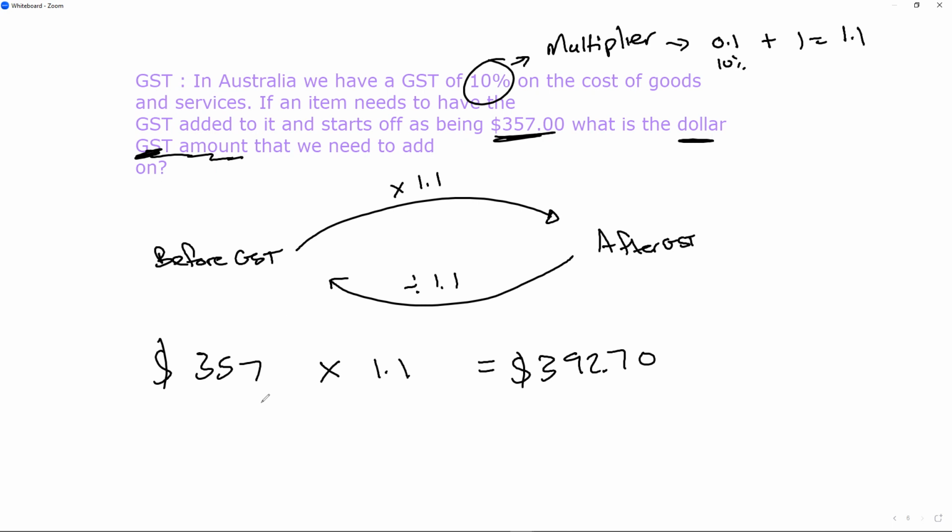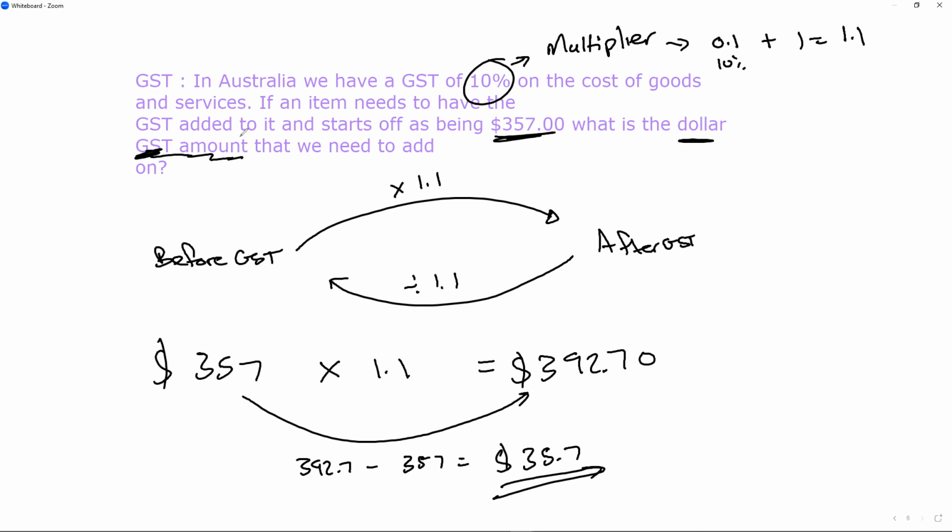What they're asking us is what is the amount that we have added to get there. So we're going to take the final amount, 392.7, and minus 357, and that will come to $35.7, and that is the GST amount that we need to add to get there.